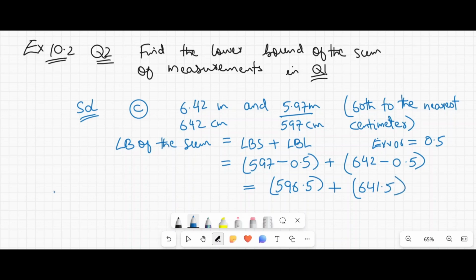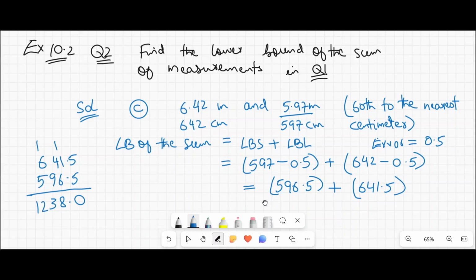So when we add these terms, we will get the lower bound of the sum. 641.5 plus 596.5. So 5 plus 5, 10, 0 here and 1 will carry. So 6 plus 1 you will get 7, 7 plus 1 you will get 8. 4 plus 9, how much will you get? It will make 13, 3 will remain here and 1 carry. 1 plus 5 is 6, 6 plus 6 is 12.